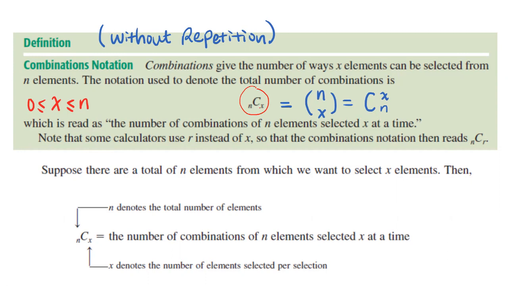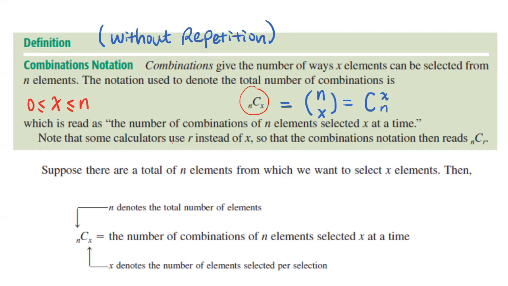It means to draw x elements from n elements and to see how many ways it can be done. Cnx is often read as the number of combinations of n elements selected x at a time.